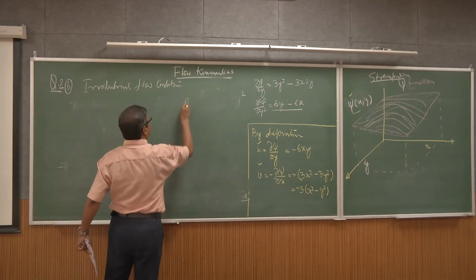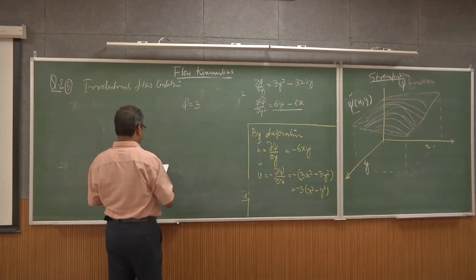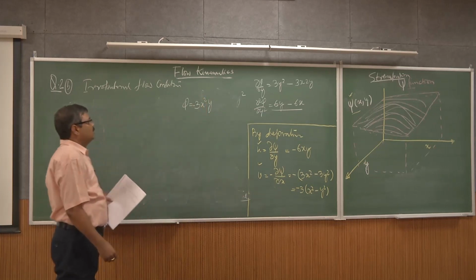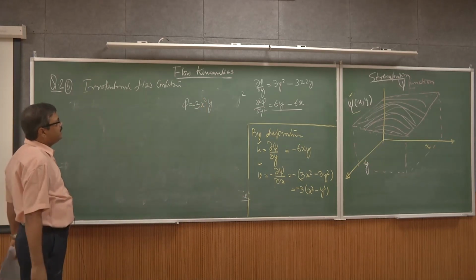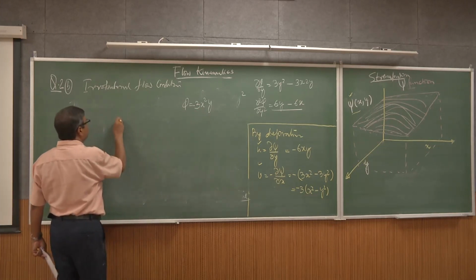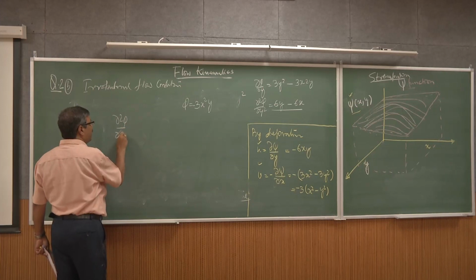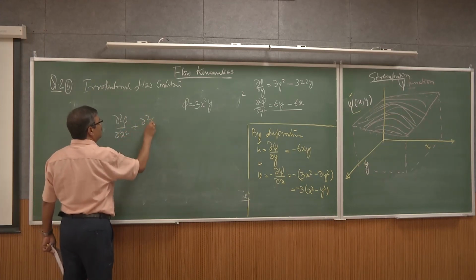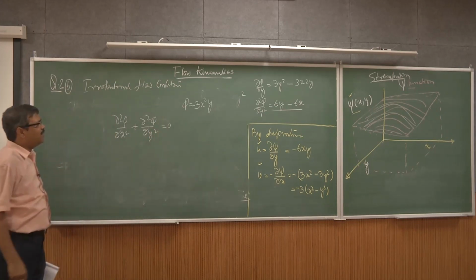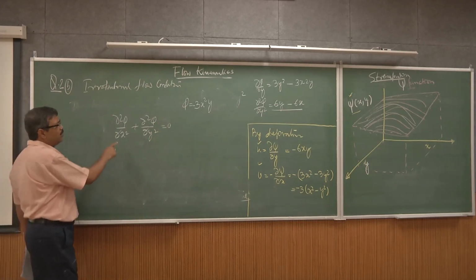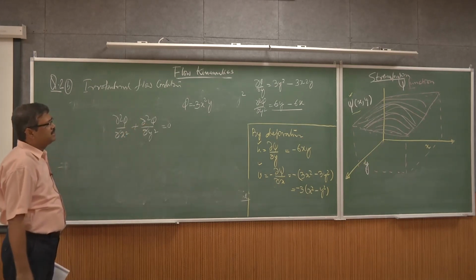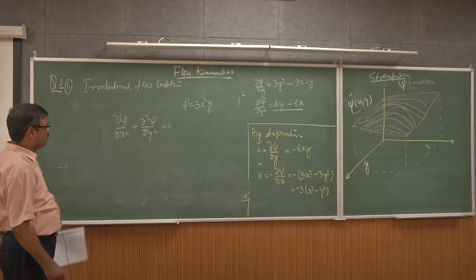In a similar way, I go for the second component, where another phi function is given. phi is minus 3x squared y. So, we again have to change the functions and find out whether it satisfies the Laplace equation of the phi value. If it satisfies the Laplace equation, then we can say that this is the velocity potential function for this flow process.